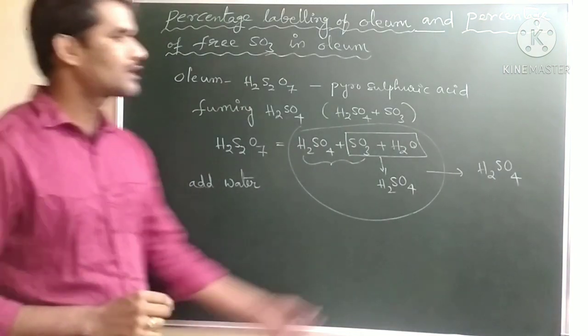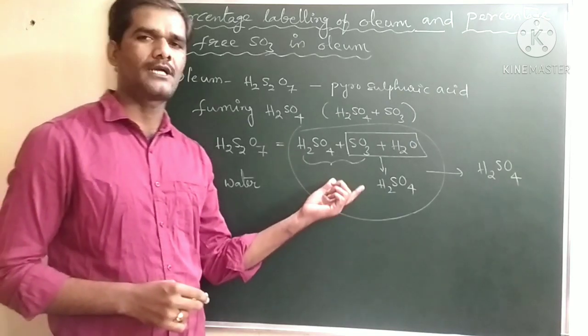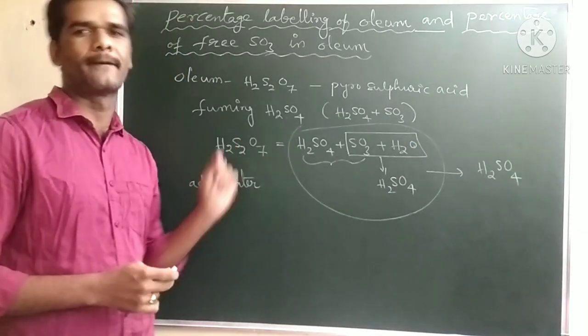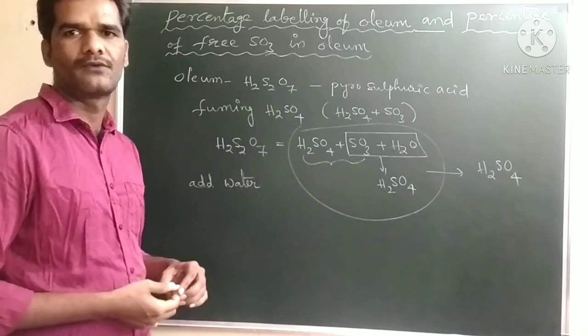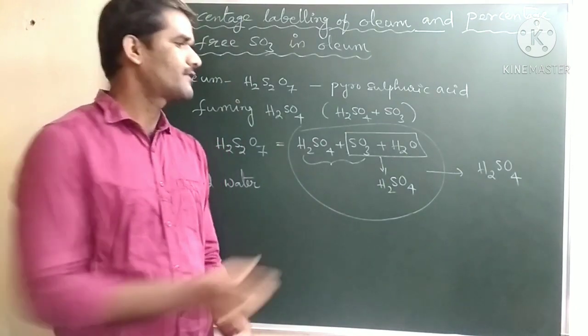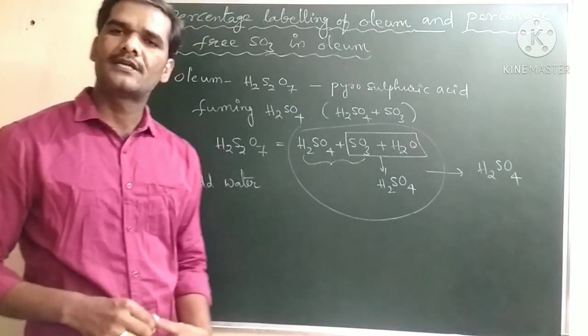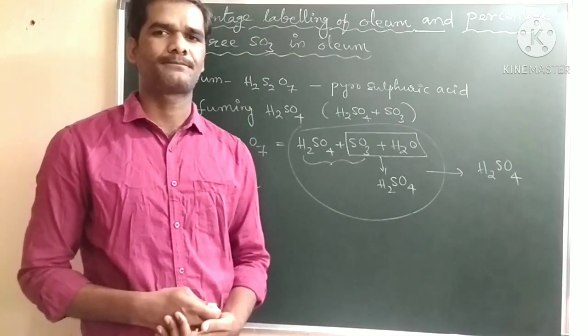Now, the overall H2SO4 obtained after addition of a certain amount of water to the oleum is the percentage labeling of oleum. Whatever amount of H2SO4 is obtained after addition of some desired amount of water to the oleum is its labeling.